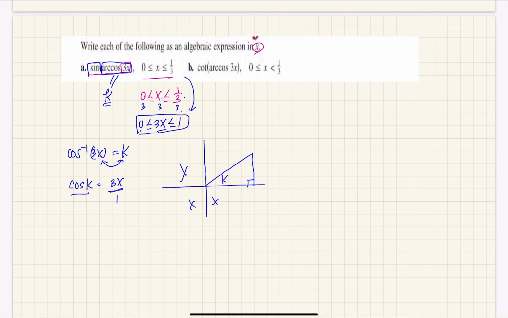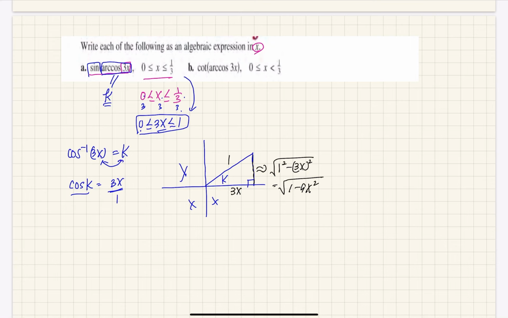So if angle k is here, the ratio of each side is adjacent over hypotenuse, because cosine k is 3x over 1. Then what's the other leg? Use the Pythagorean theorem. Square root of 1 squared minus 3x squared, which is square root of 1 minus 9x squared.